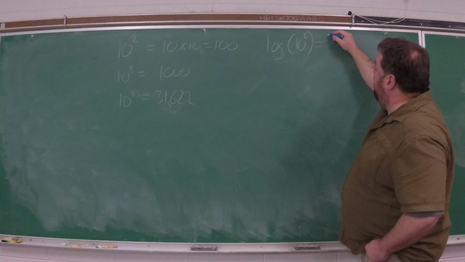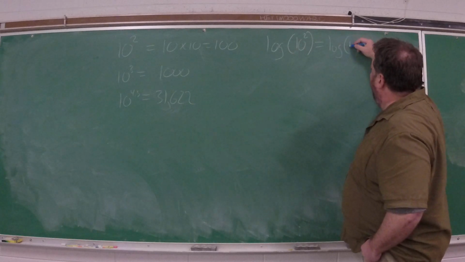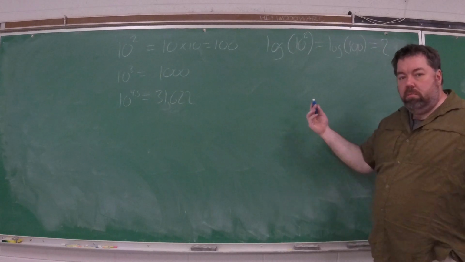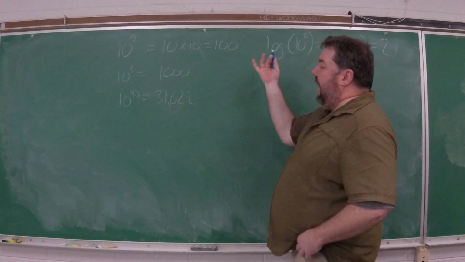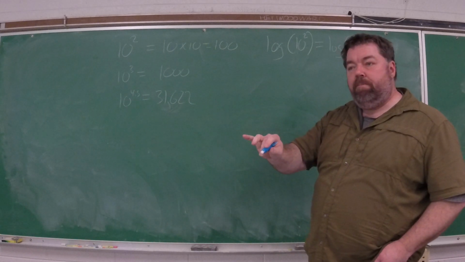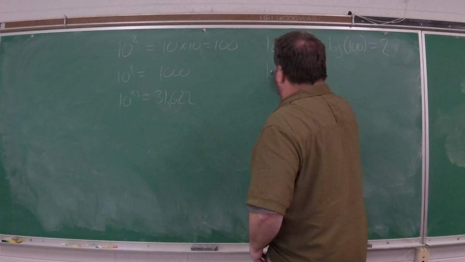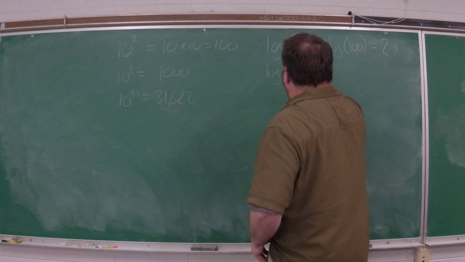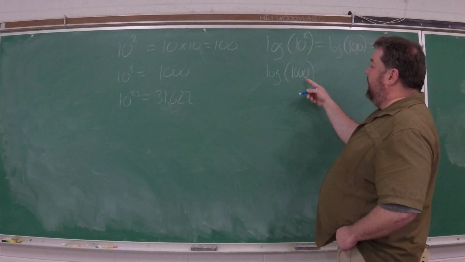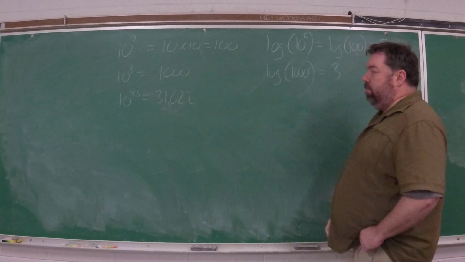But that's also the same thing as saying if I have log of 100, it's going to equal 2, right? So it gives me the exponent to the base 10. That's all it does. So for example, if I have log of 1,000, we already wrote it out. We know that the exponent base 10 is 3, right?